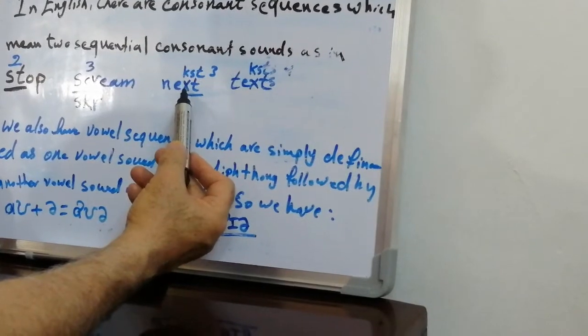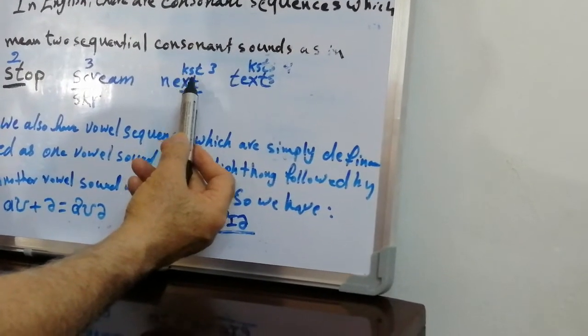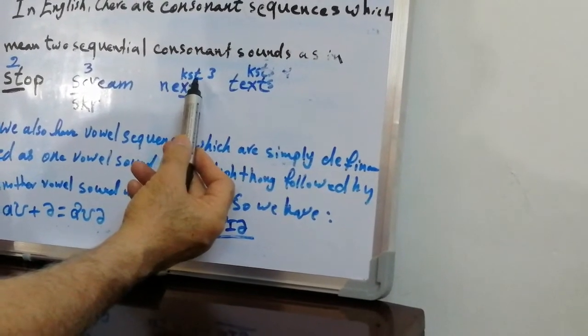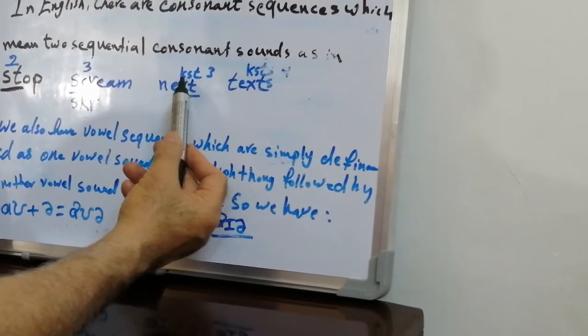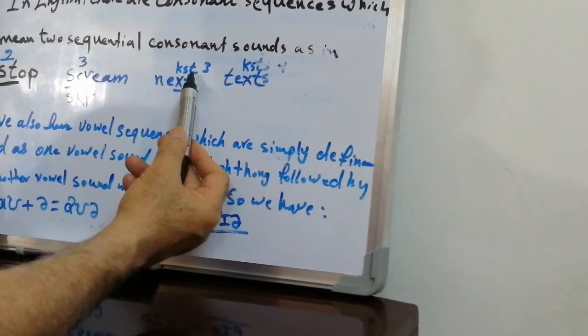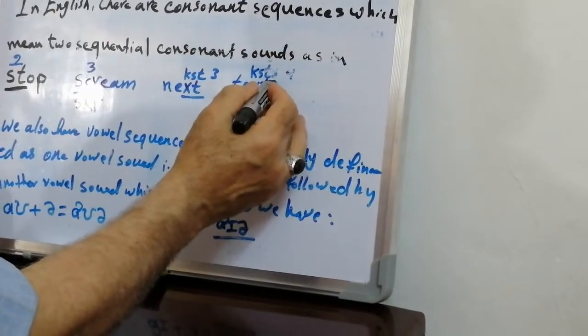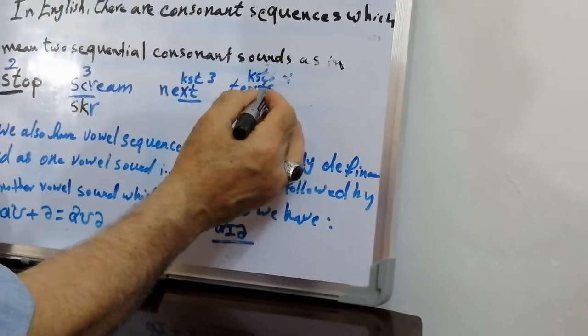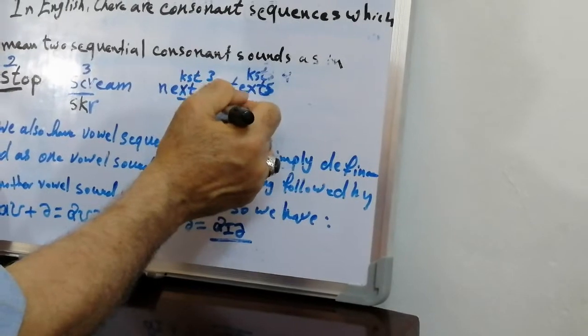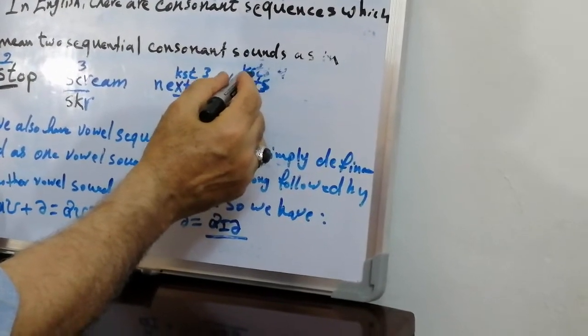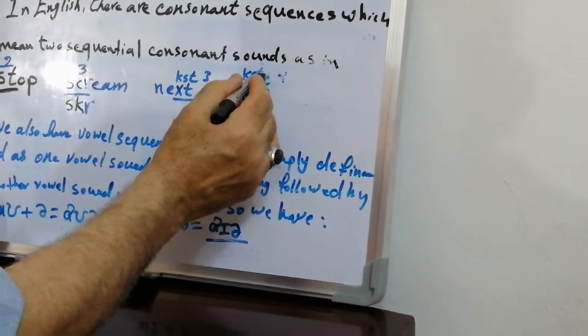Here we have the X, which has two consonants, the K and the S, and then we have T. So we have three consonants in sequence.